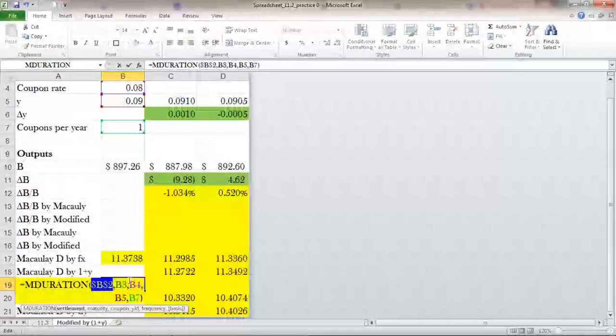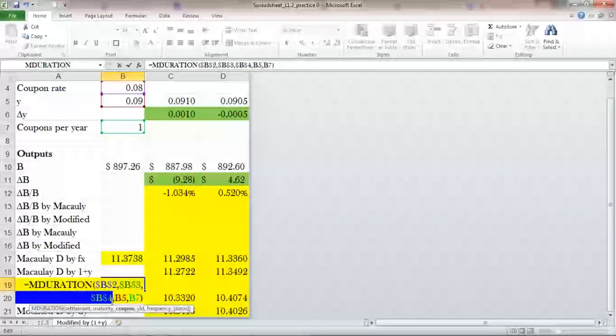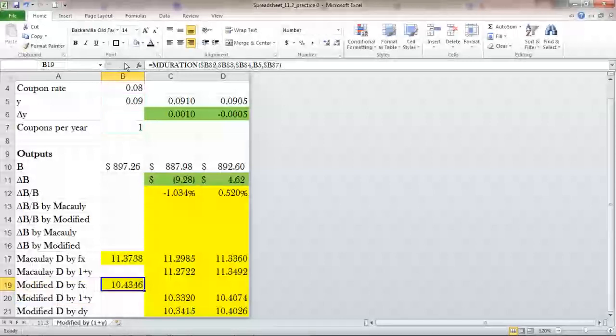Settlement, maturity date, coupon rate. But B5, you don't. B7, yes, lock. Hit enter. And that way I can drag it to the right. Yeah, we come to very close numbers.